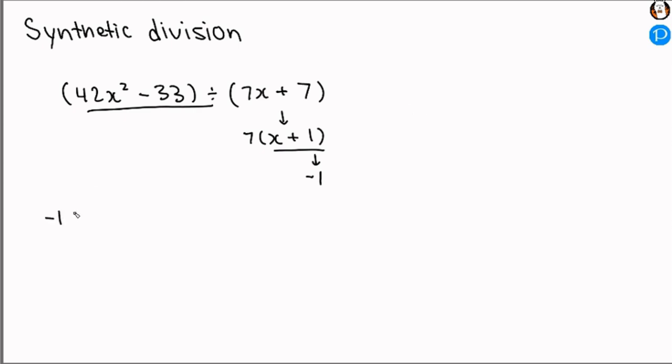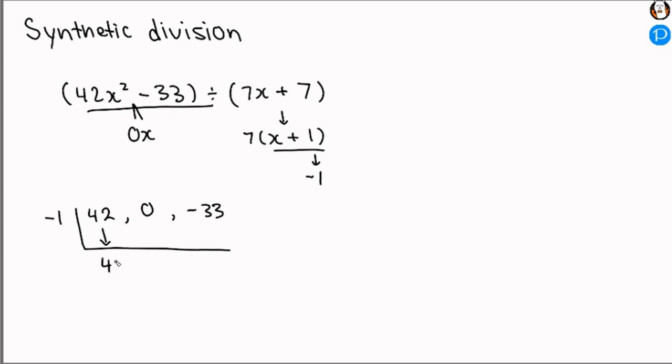Put the -1 on the outside of the ladder, and we're going to have 42, the coefficient, 0, since this is missing an x, we're going to have 0x in its place, and -33. Let's bring down the first coefficient.